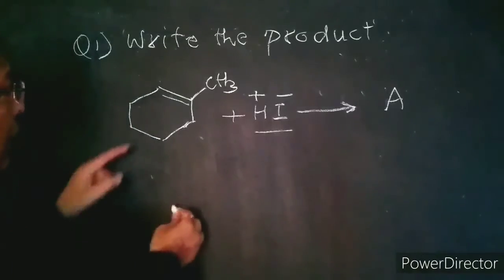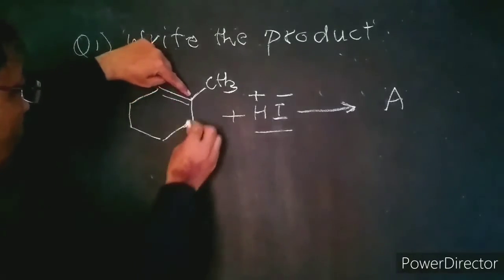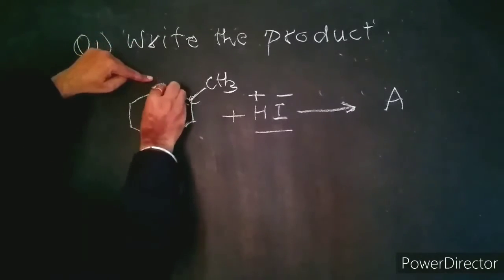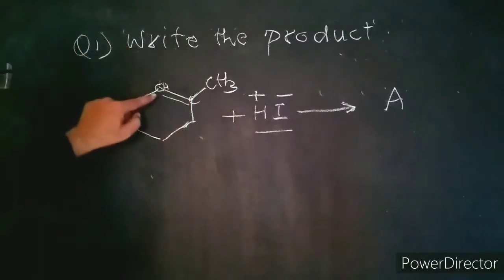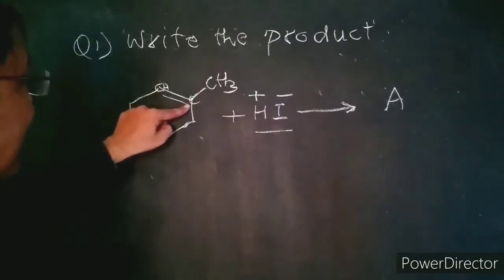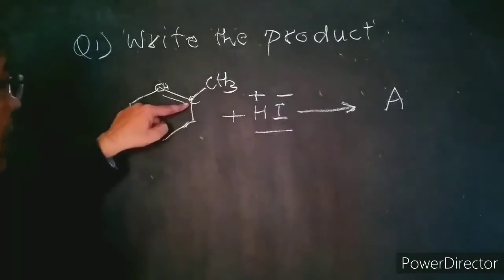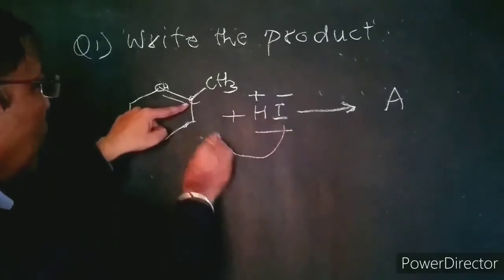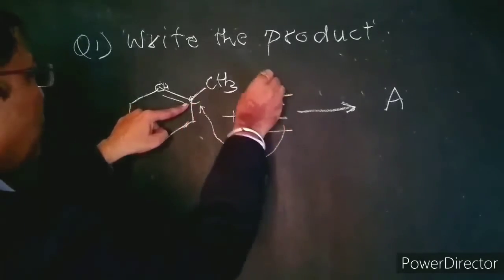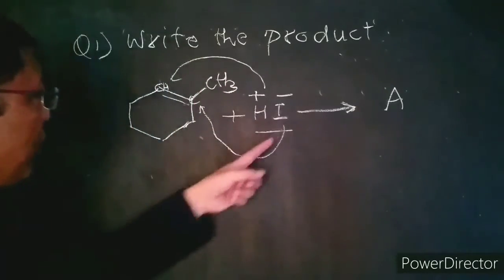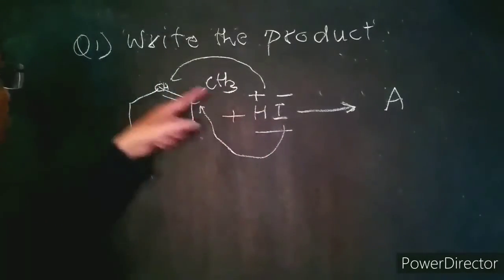So here there is only carbon present, here CH is present. If we compare, here CH is there, here carbon is there, fewer hydrogens are present at this carbon atom. Therefore the negative part will go to this carbon and the positive part will go to this CH.